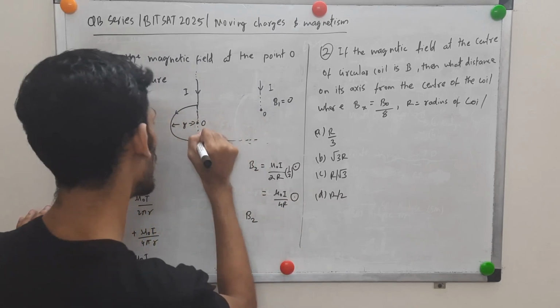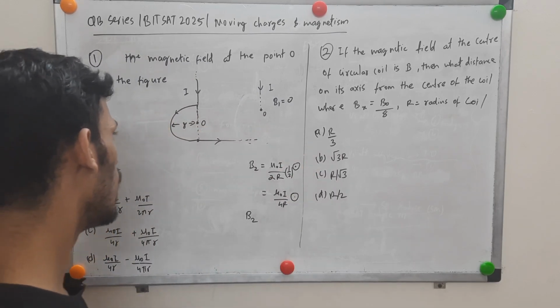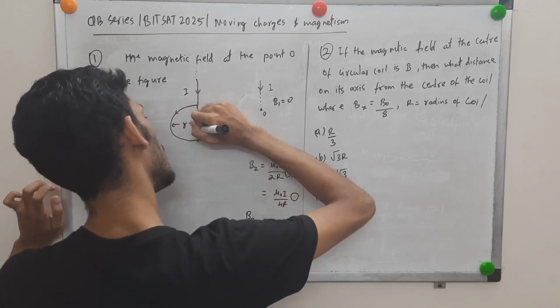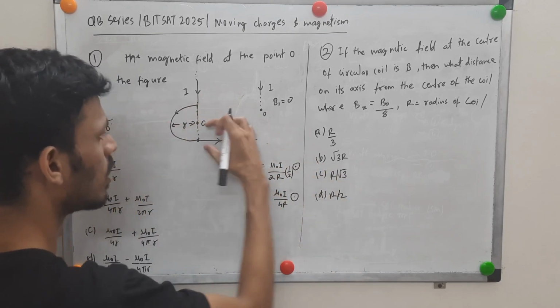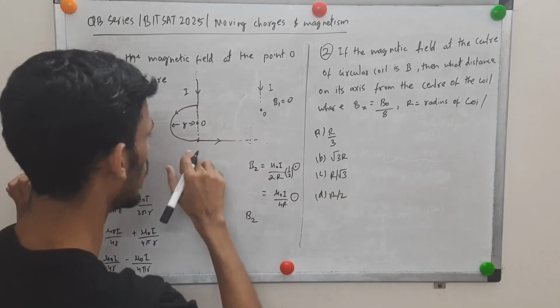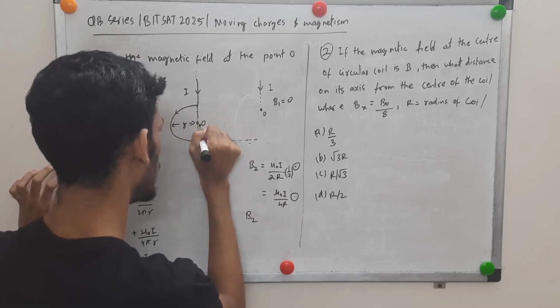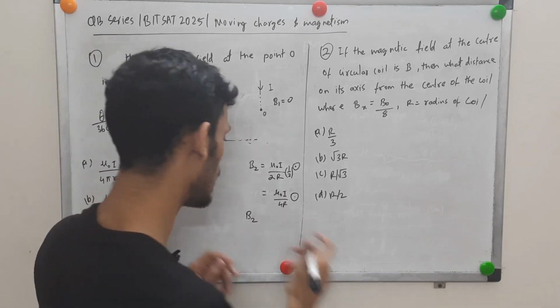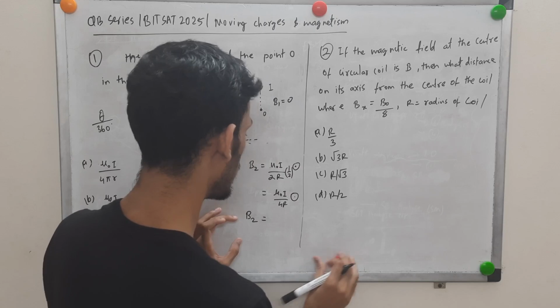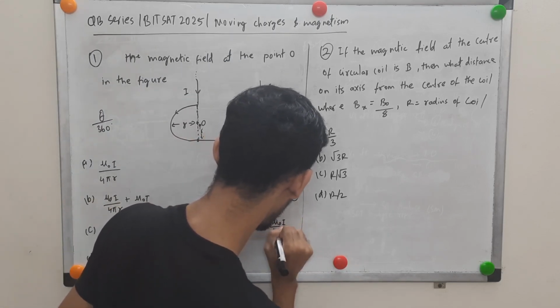Now B3. For this wire, it's a semi-infinite wire. This point is at a distance of r, since this is the radius, from the center to a point on the semicircle. So this distance is also r, which is the perpendicular distance from the wire, and that is what we want. The formula for a semi-infinite wire is mu 0 I upon 4 pi r.